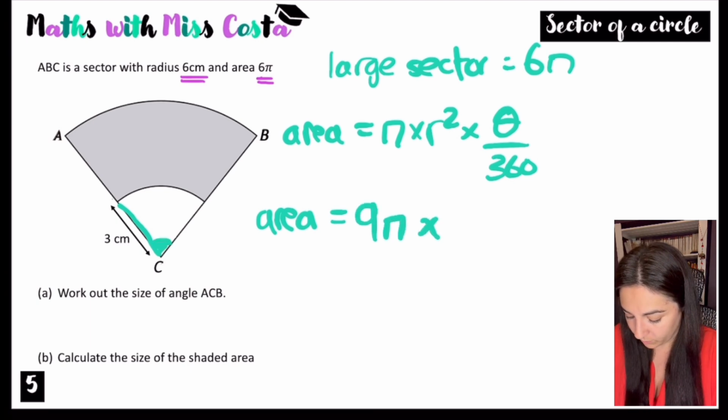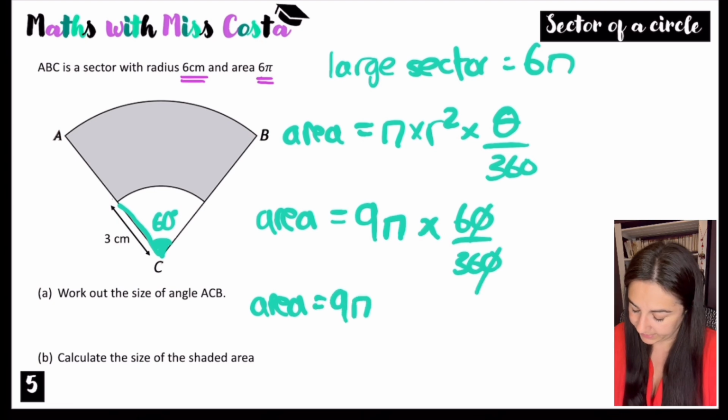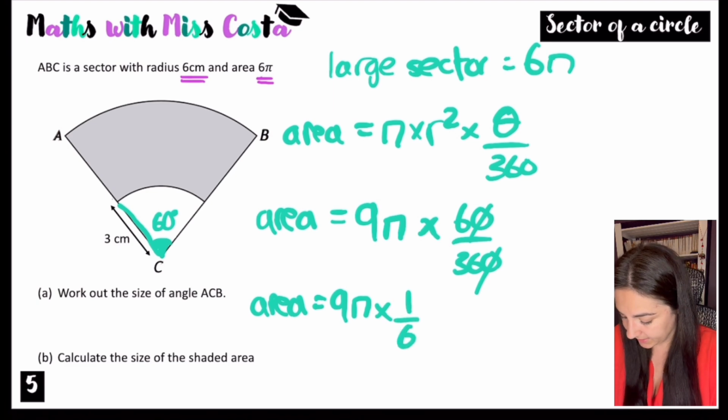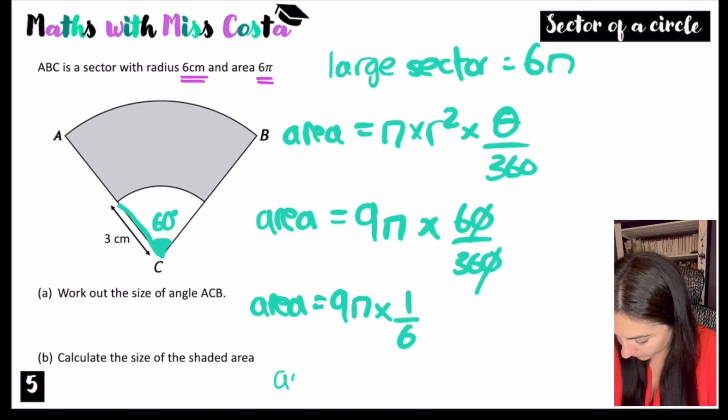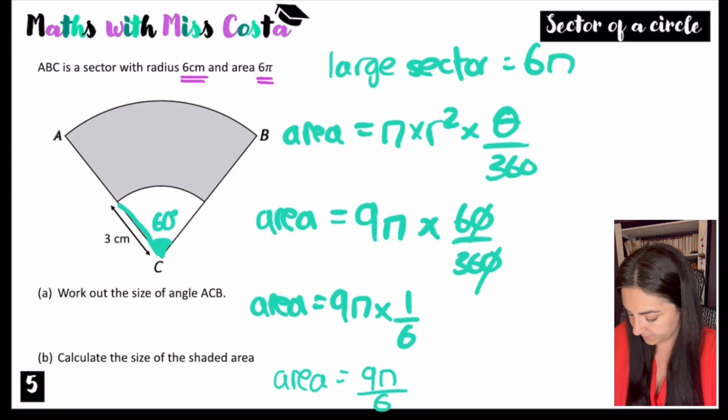I worked out already that this angle here is 60 degrees. So how could I simplify that? Well, area is 9 pi. 60 over 360 would simplify to 6 over 36, which would simplify to a sixth. So the area is 9 pi over 6.